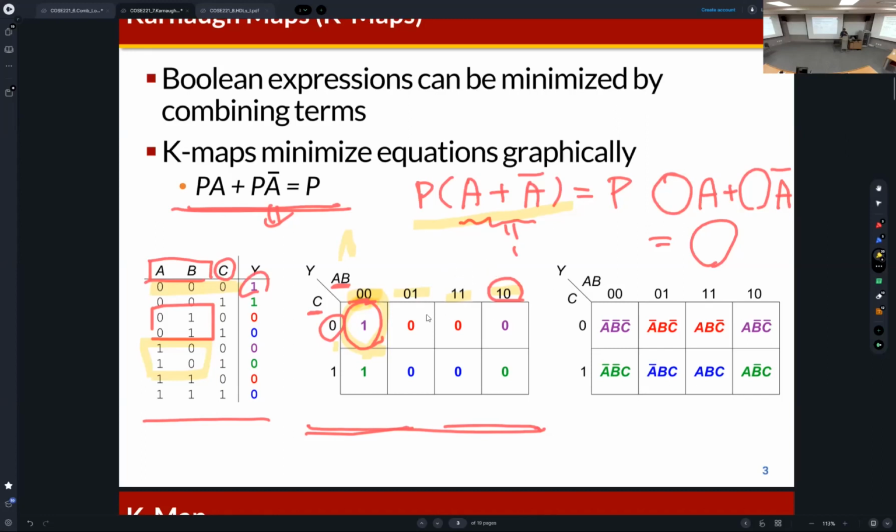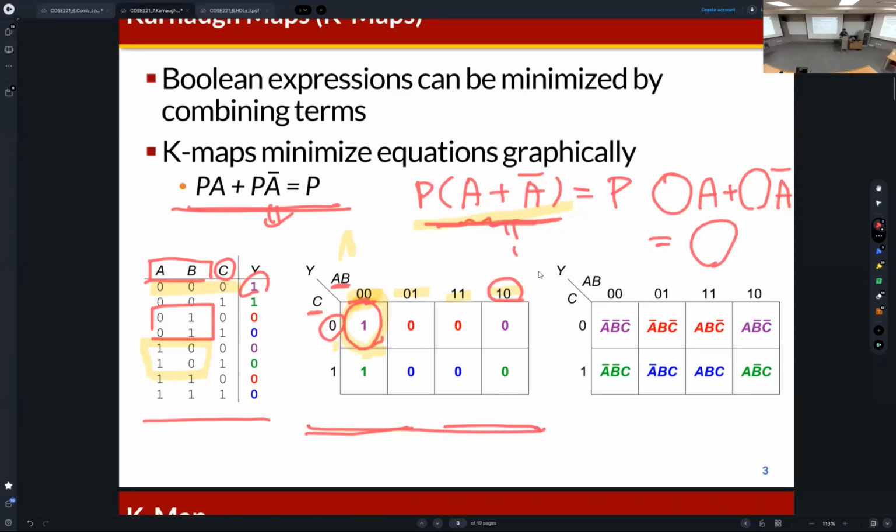So if we allocate 1 0 here, we cannot use this theorem, because this is A bar B and this is A B bar, so we cannot allocate A and A bar in neighboring elements. So you need to remember that the order of the Karnaugh map is 0 0, 0 1, 1 1, and 1 0.